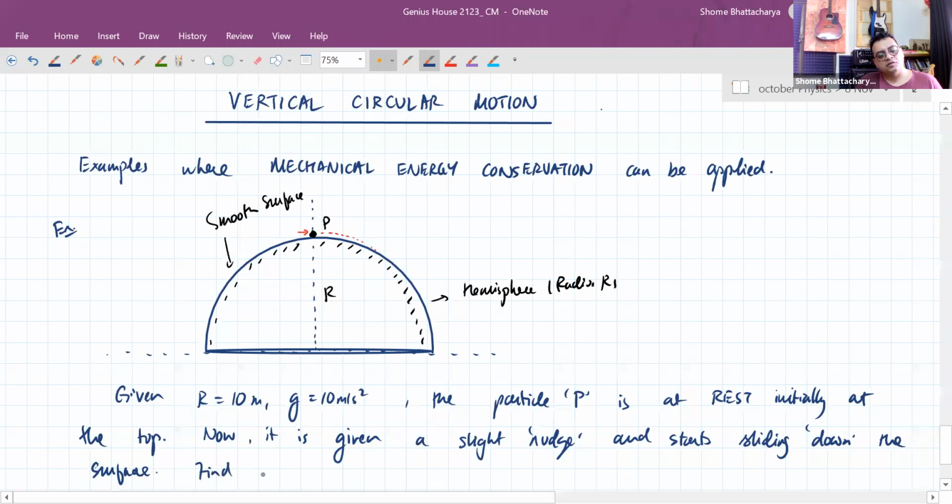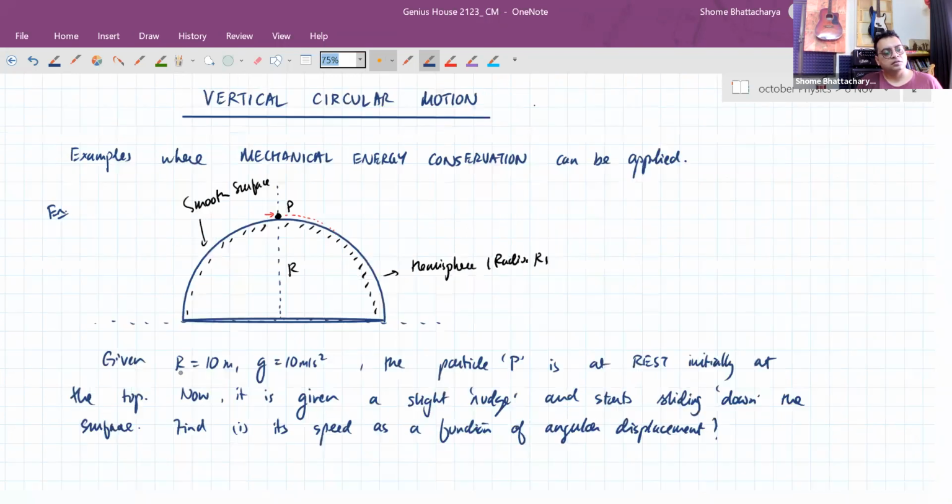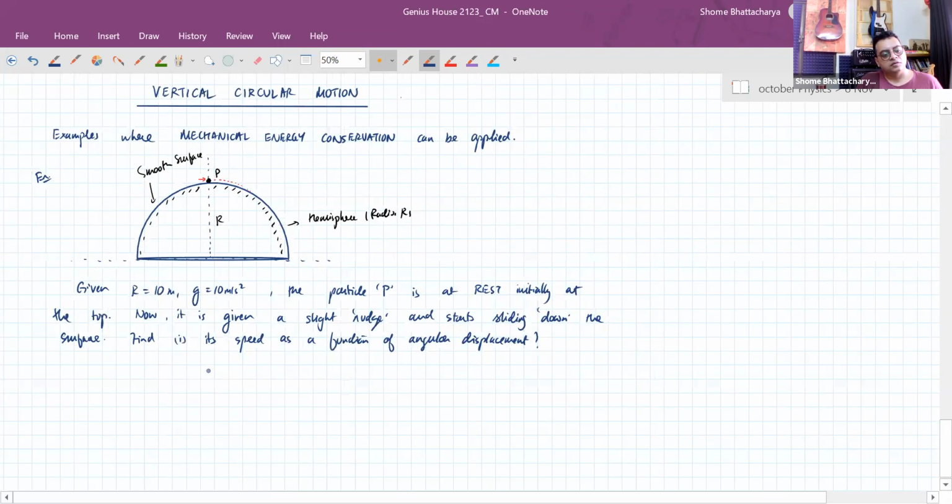So find its speed as a function of its angular displacement. And from that, find the normal reaction acting on it, again, as a function of angular displacement.